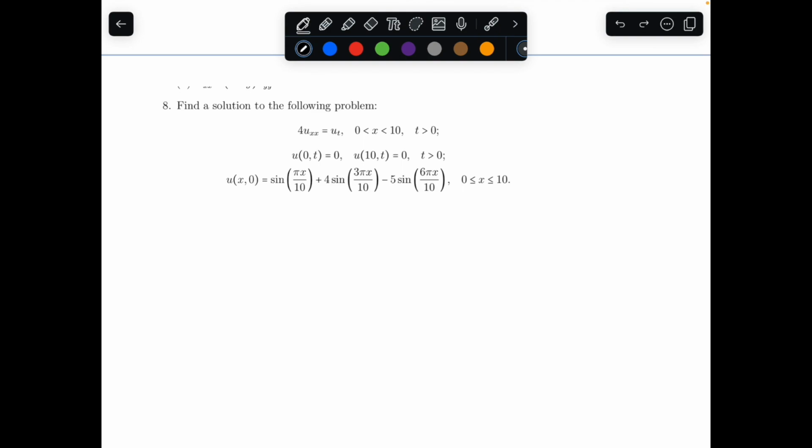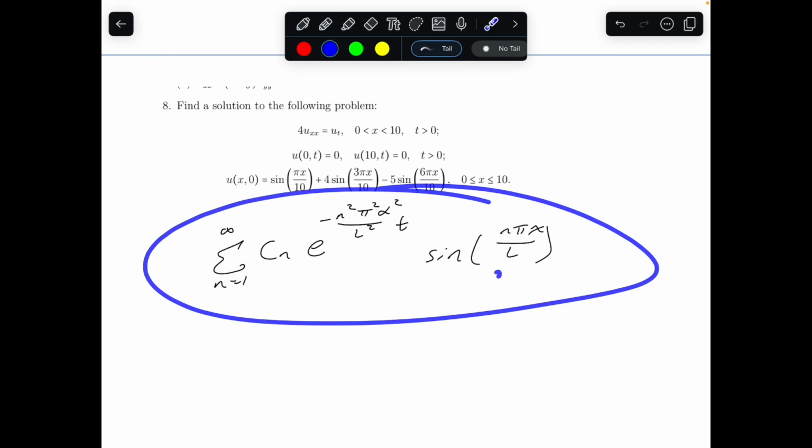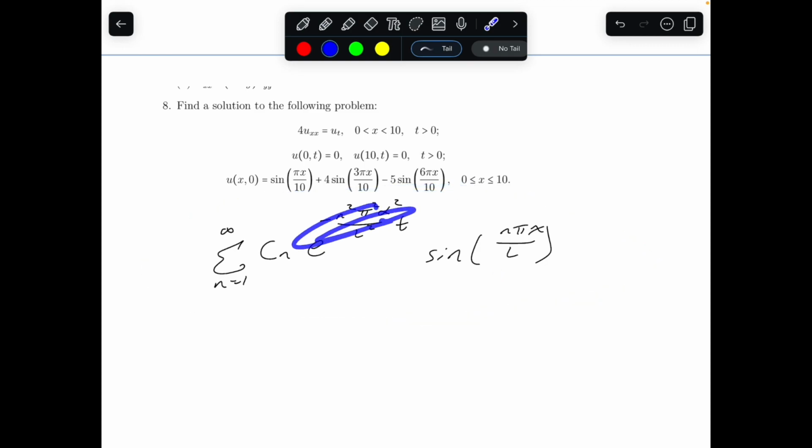And if I write down the sum from n equals 1 to infinity of c_n e to the negative n squared pi squared alpha squared over L squared t, sine of n pi x over L, if I give you this right here, you should know that this is for the heat equation.